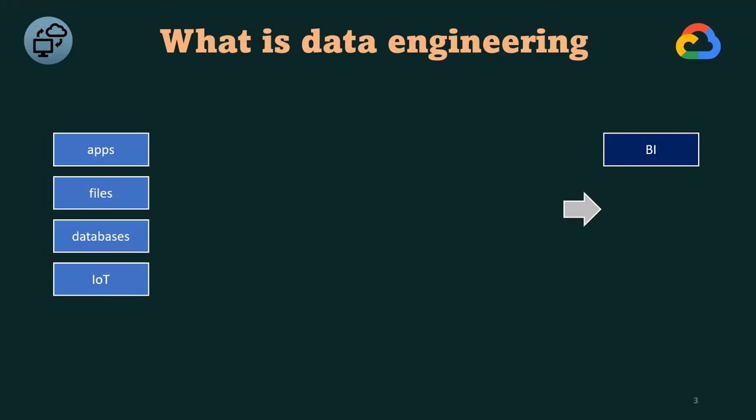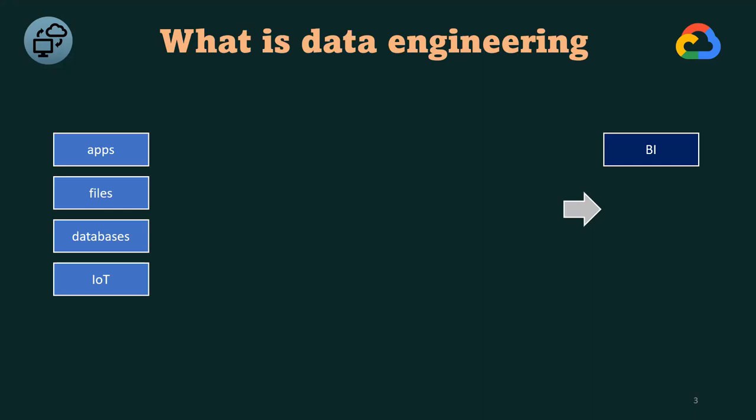We have to provide them the data which is useful for the analysis, so that the analysis data will be useful for getting insights for the business. Those insights will be very useful for the business to take a decision. Whenever they take a decision, a business improvement will happen. So the main agenda of data engineering or data analysis is business decision making.